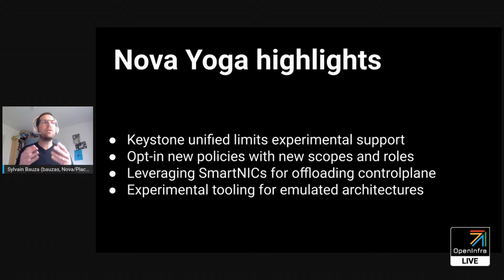So if you are an operator, I would like to know if you can test that, because we provided it as experimental support, and it would be super nice if, as an operator, you could help us by testing those unified limits. The problem that we have is that we don't know about the performance. We know that it works, but we don't know about the performance. So if an operator can help us, that would be nice.